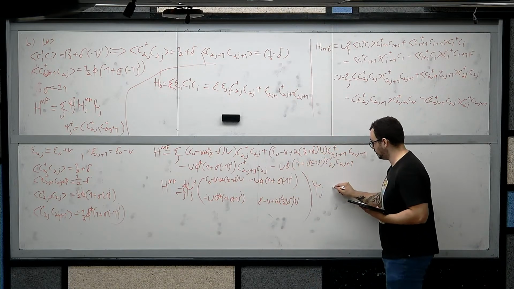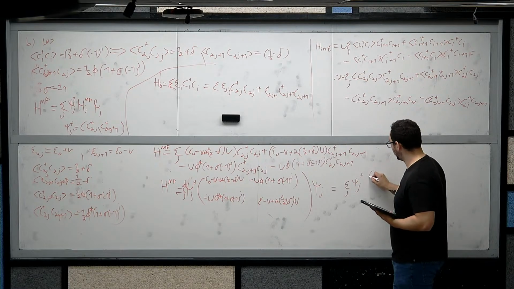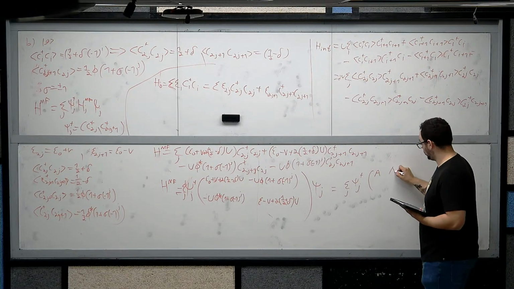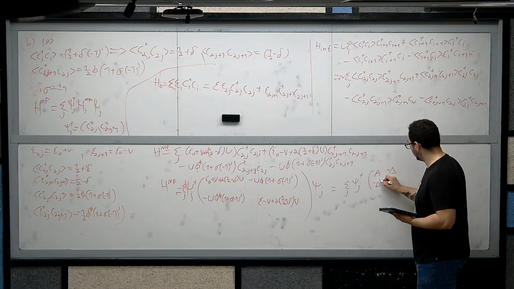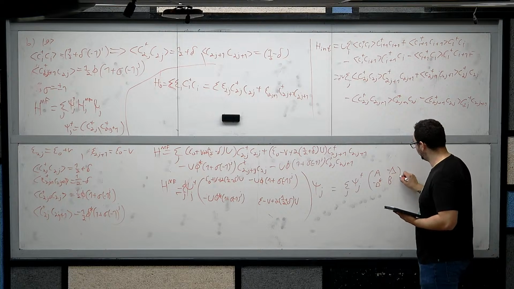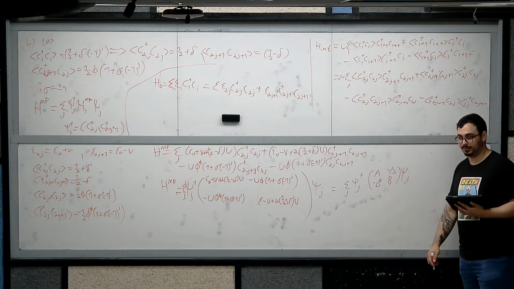So it's just going to be equal to the sum over j of psi j conjugate, A delta, minus delta conjugate B, psi. Just for simplicity.